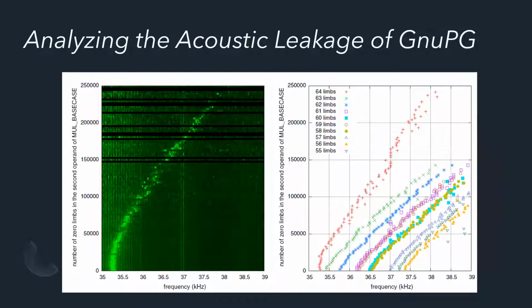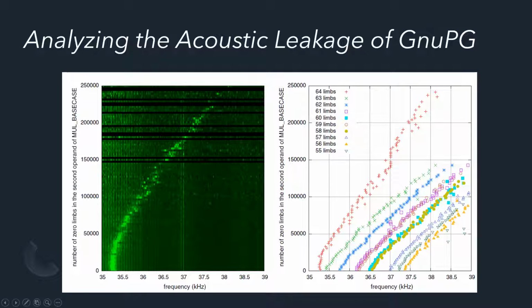Next we have 2 different examples. The first one on the left is showing the number of zero limbs in the second operand of the base case of the multiplication. The brightest line that you can see here is basically the number of zero limb occurrences on the second operand. It tends to change frequency as the recursive call goes up, and it may be different in some operations, but they tend to have a certain pattern.